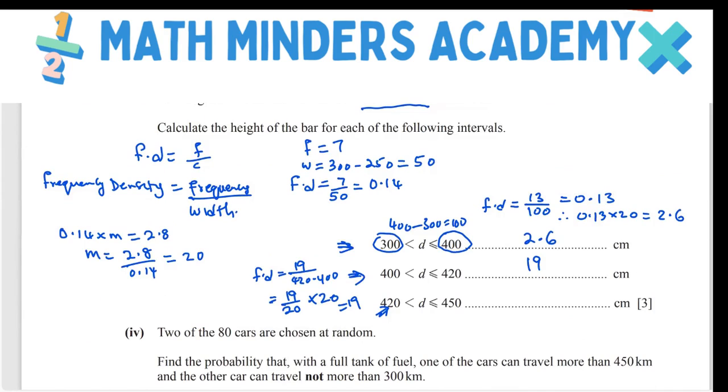So here, the frequency density of this class is going to be 21 all over the difference between 450 and 420, which is 30. So if we now multiply 21 over 30 by 20, that gives us 14. So here we have 14.